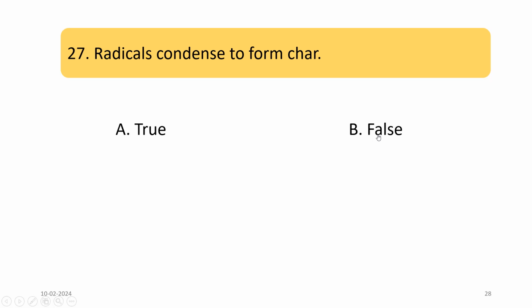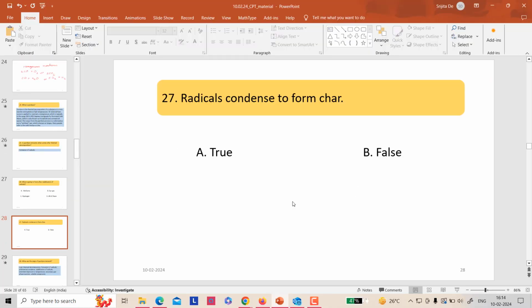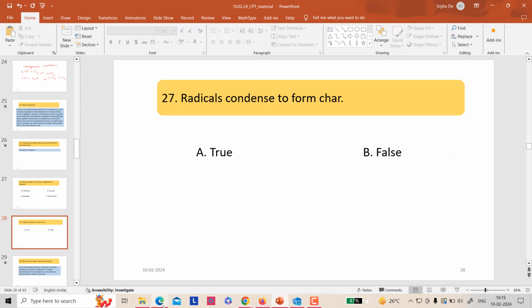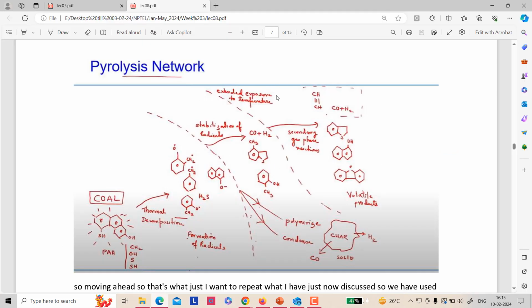Is it true or false? Right, it is true. If you remember this pyrolysis network, then we will be able to answer all of the questions.